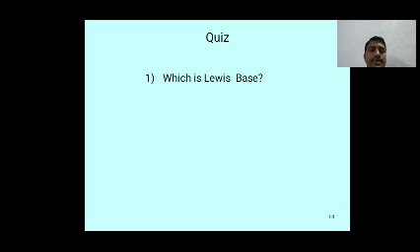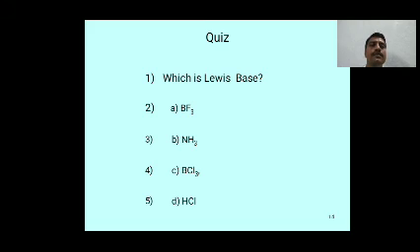What is a Lewis base? Options: boron trifluoride, ammonia, boron trichloride, hydrochloric acid. A substance that donates a pair of electrons to another substance is called a Lewis base. Boron trifluoride is an electron deficient molecule and a pair of electron acceptor, so it acts as a Lewis acid.